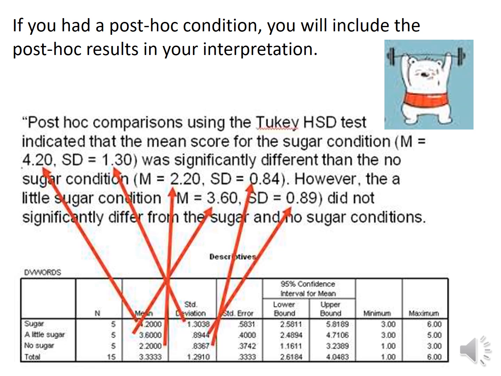For this one, the sugar condition was significantly different from the no sugar condition, with a mean of 2.2 compared to the sugar condition, which is 4.2. However, the little sugar condition with a mean of 3.6 did not significantly differ from the sugar and no sugar conditions, with the mean and standard deviation as indicated in the earlier statements.